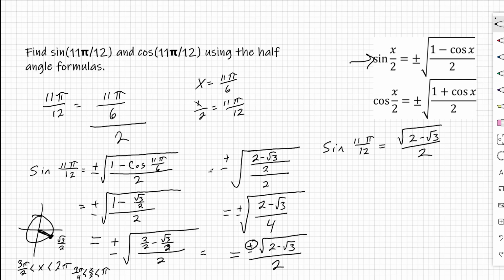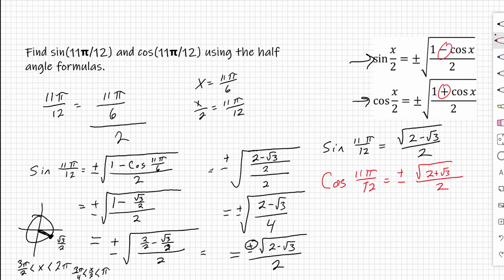We can do the same with cosine. Turns out most of our math is the same. Notice the only difference here is the minus and the plus. So all of this simplifying we did is going to be the same. And we get cosine of 11 pi over 12 is either positive or negative square root of 2 plus the square root of 3 all over 2.